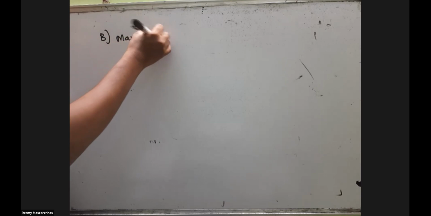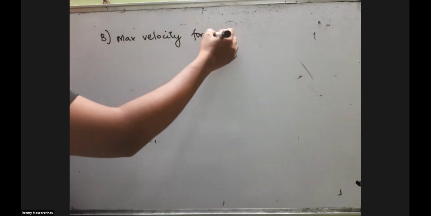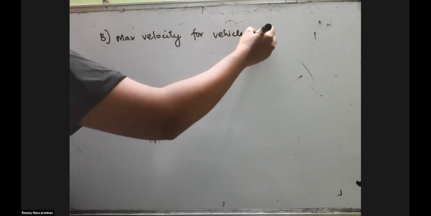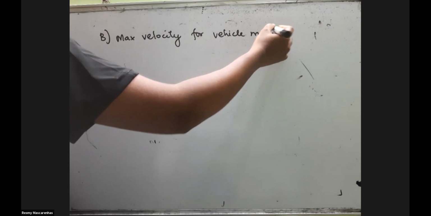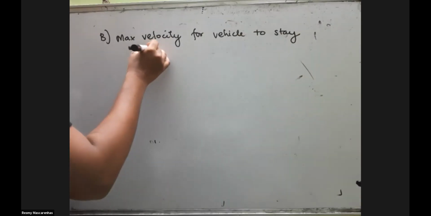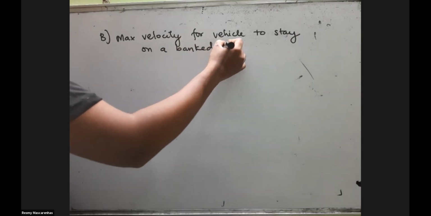Next one, we have to calculate the velocity for the same thing. This is going to stay on a banked road.